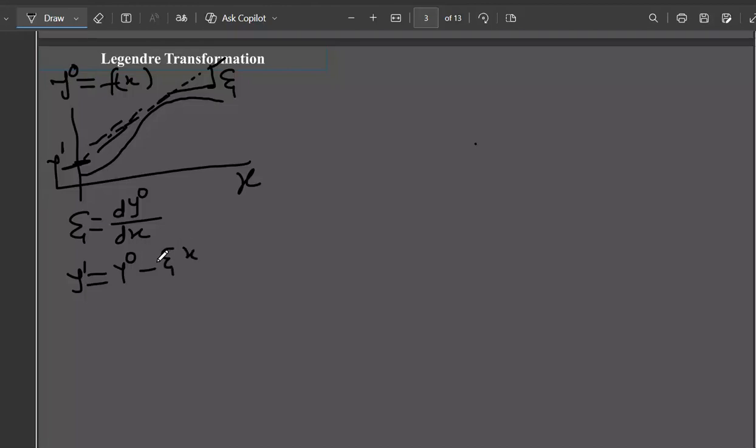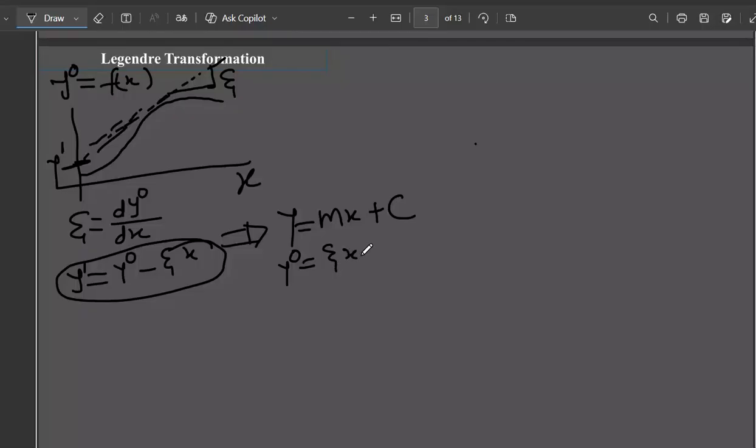Some people interpret this wrongly, so it cannot be interpreted directly; rather it should be interpreted according to y equals mx plus c. So y is y0, m is zeta, and c is y1.